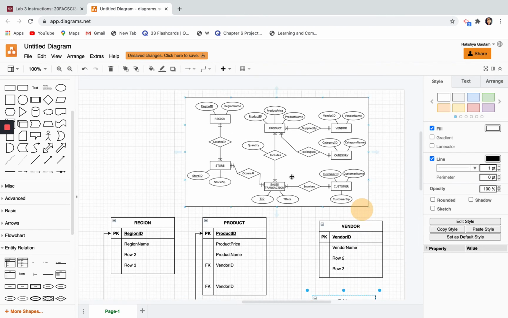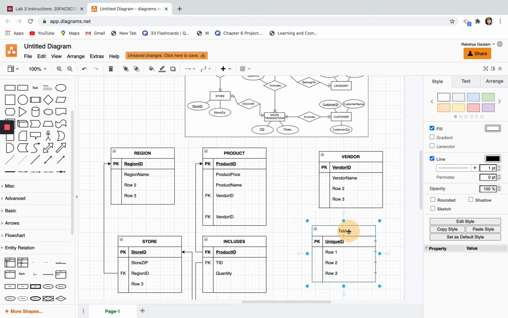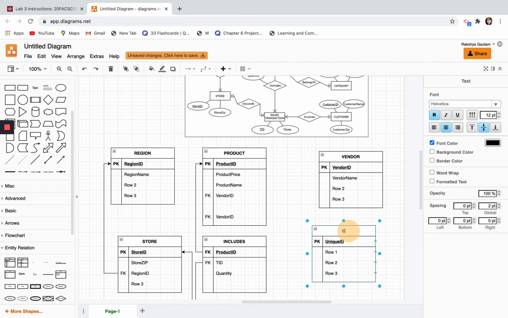As we can see over here, product is also connected with the category. It has a many-to-one relation, so here is a table for category.